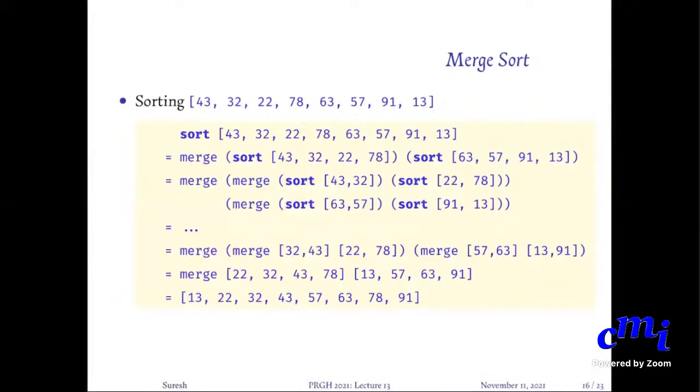This part is a merge of sort of 63, 57 and sort of 91, 13. Eventually, sort of 43, 32 is 32, 43. Sort of 22, 78 is 22, 78. Sort of 63, 57 is 57, 63. Sort of 91, 13 is 13, 91. Now you want to merge these two. You will see that it is 22, 32, 43, 78. If you merge this, it will be 13, 57, 63, and 91. And if you merge these, you will get this sorted list.